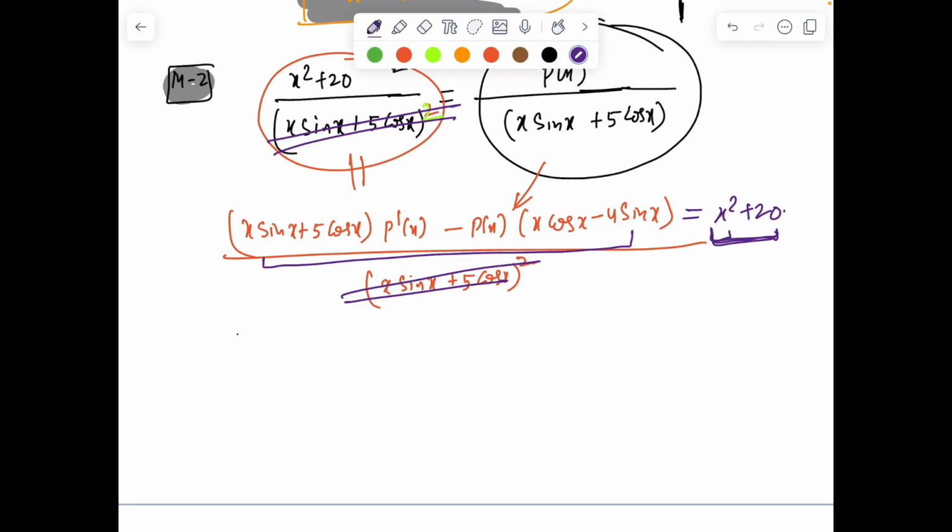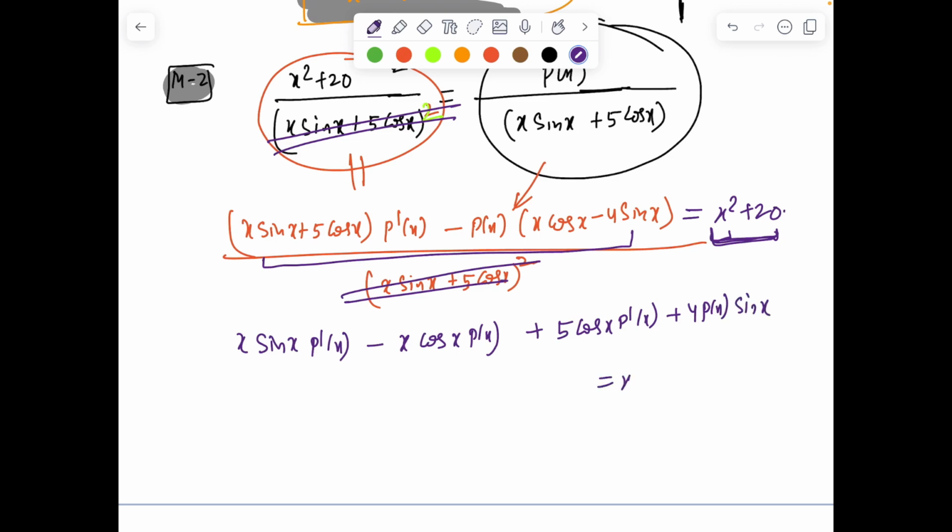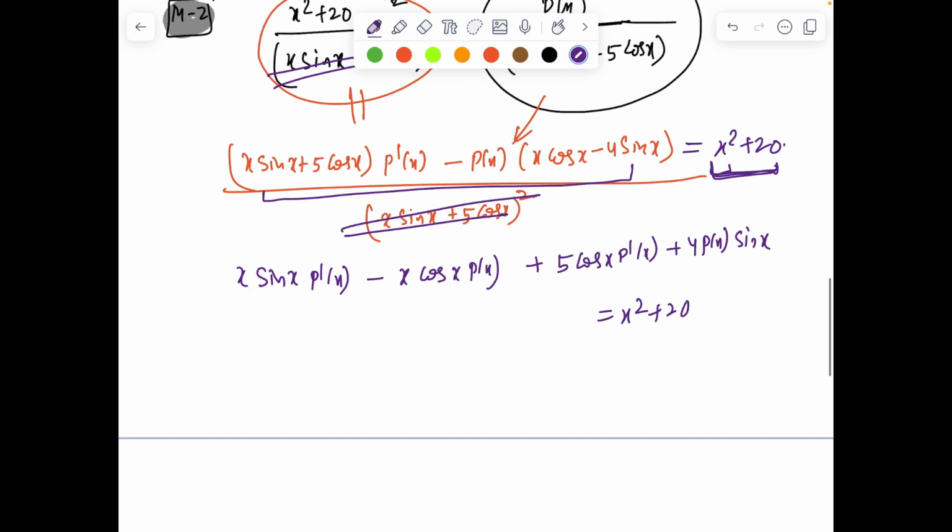because x square will be produced with x into something. So the coefficient of x, if I gather, is x sin x p dash x minus x cos x p of x, and the remaining coefficients are 5 cos x p dash x plus 4 p of x sin x equals x square plus 20, right?